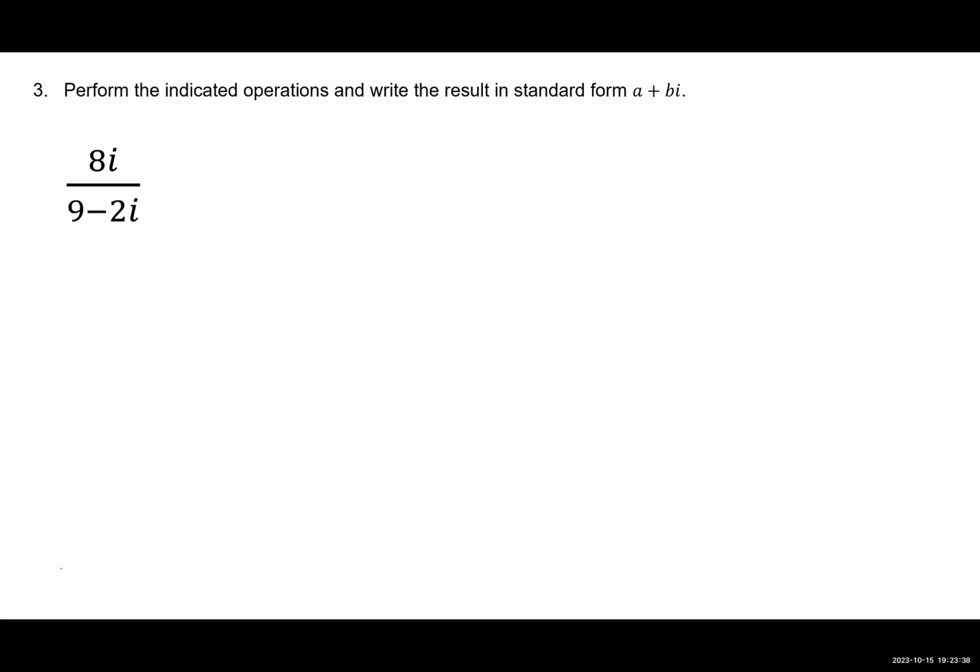This problem is going to be a model for any problem where we have a fraction of complex numbers. I was going to say only if the a on the bottom is not 0, but this method works no matter what. This method always works. Okay, so we have to multiply by the conjugate.